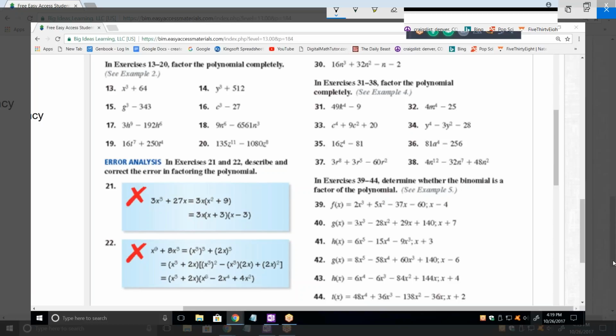You know what difference of squares is, right? Difference of squares. That factors. A squared minus b squared. That's the difference of perfect squares. How's that factor?